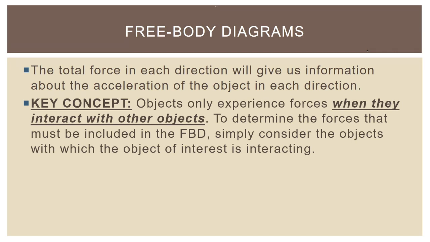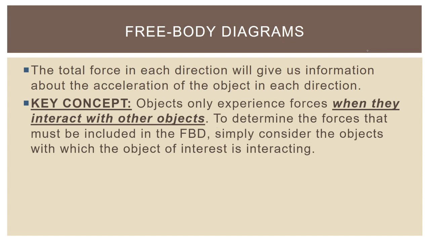Objects, as we've mentioned, especially in the context of Newton's third law, only experience forces when they interact with other objects. To determine the forces that must be included in the free body diagram, all you have to do is consider the objects with which the object of interest is interacting.